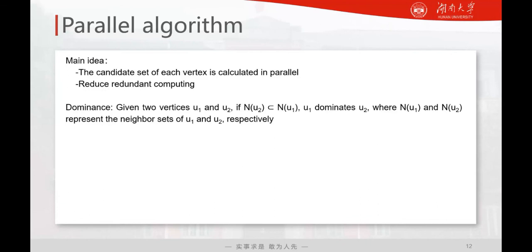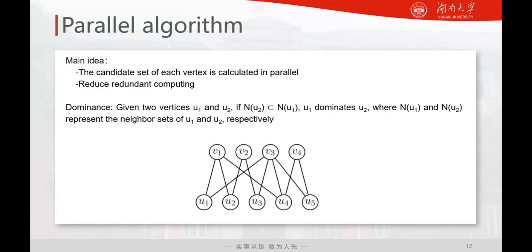Taking this graph as an example, all the neighbors of V4 are included in the neighbors of V3, so V3 dominates V4. Then, when calculating the K-biplex, we only need to allocate threads to V1 to V3 because the result of V4 has been calculated in the subsets containing V3.